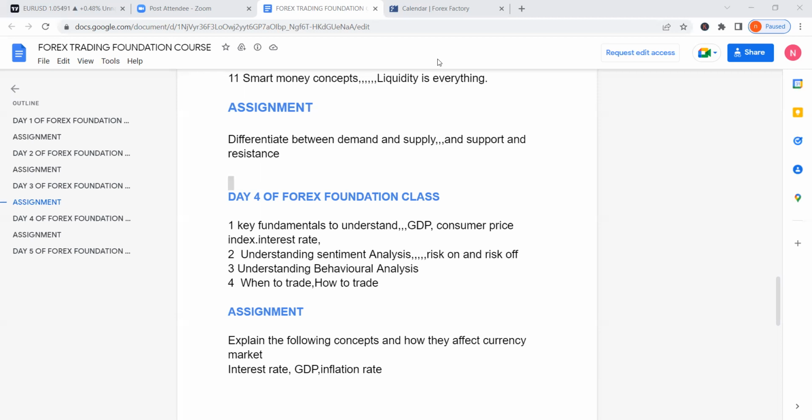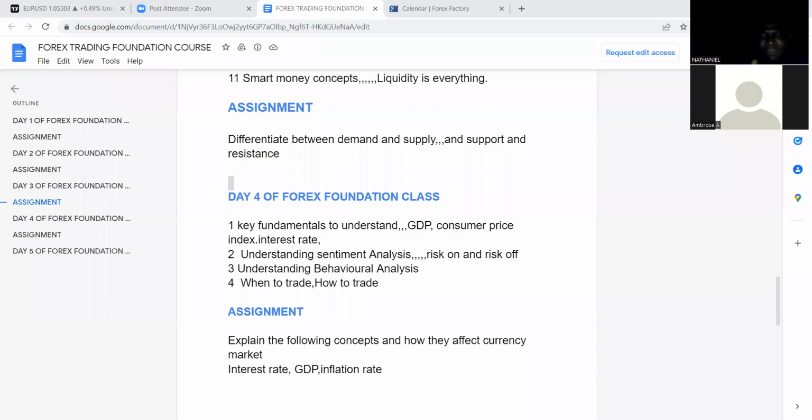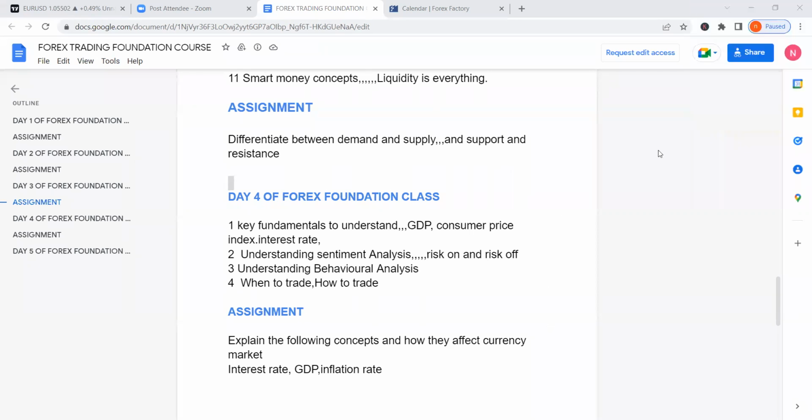When you talk of risk on, what do you mean? There were times when there was no war, no political problem, everything seemed to be all right. At that time the market will be trending, the forex chart will be trending. That is risk on.